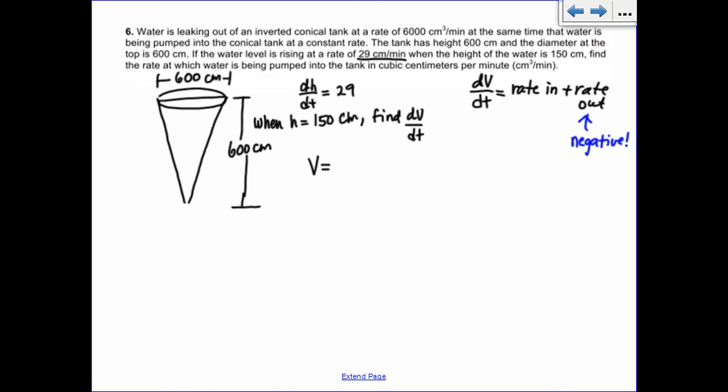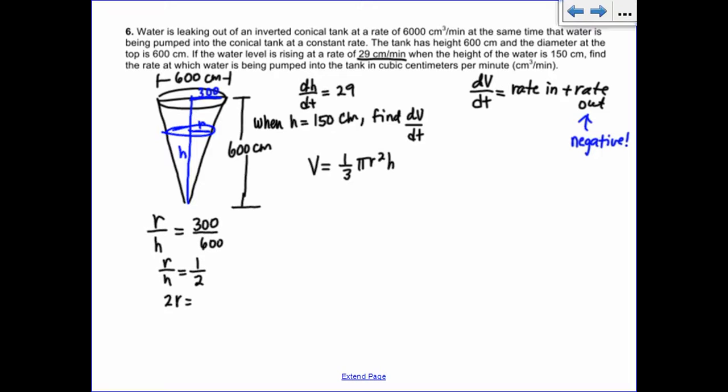So I'm going to have V equals 1/3 area of the base, pi r squared, times h. So as the water is draining, you guys do have similar triangles. So you have the radius of the water and the height of the water in the proportion 300 to 600, right? So radius over height equals 300 over 600. In other words, radius over height equals 1/2.